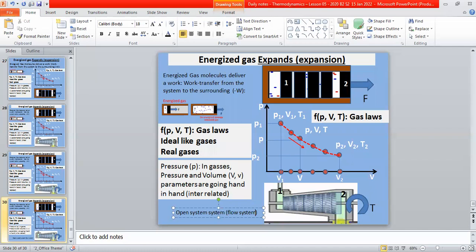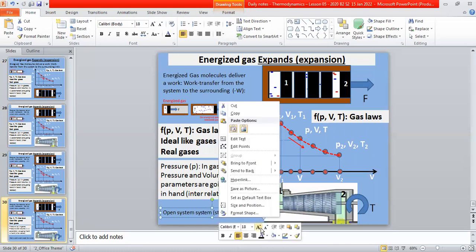If it is running steadily, we call it a steady flow system. But anyway, it's an open system.